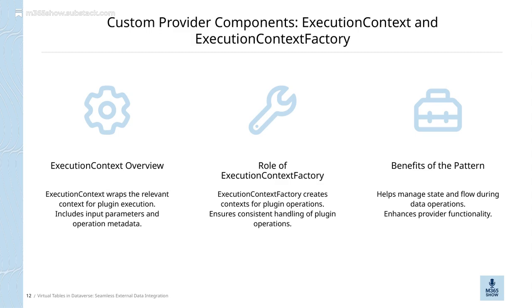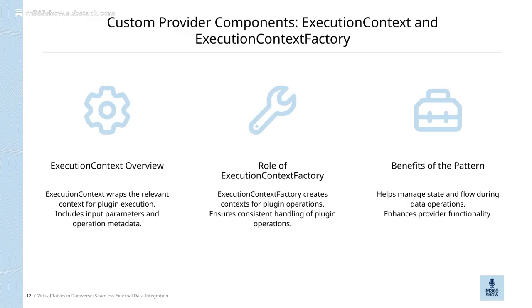The role of the Execution Context Factory is to generate an execution context that wraps all the relevant details needed for plugin execution. This includes input parameters, operation metadata, and other contextual information. By doing this, it ensures that plugins have all the necessary data to run correctly and efficiently.